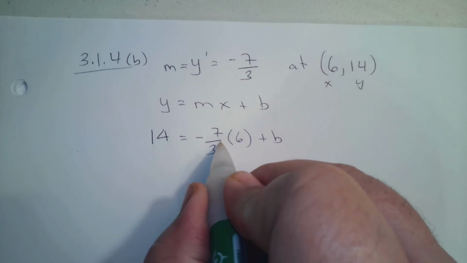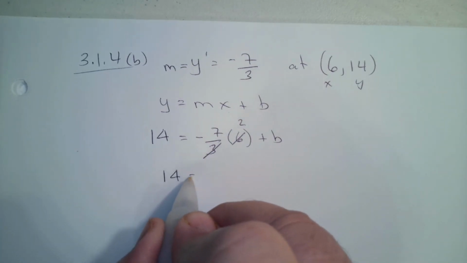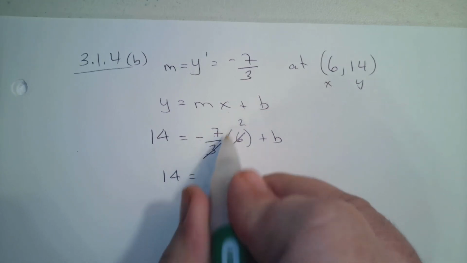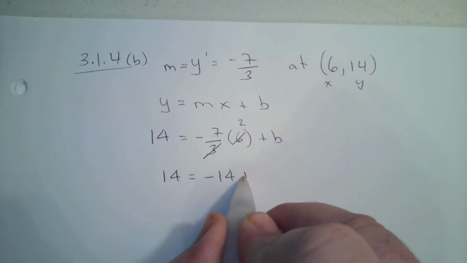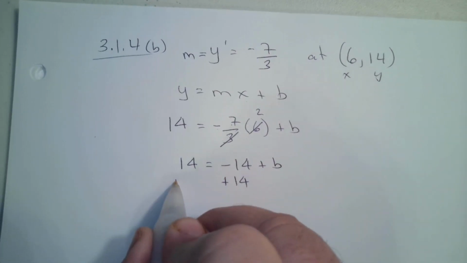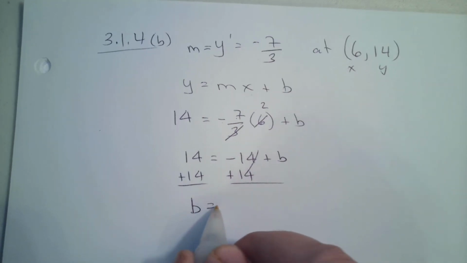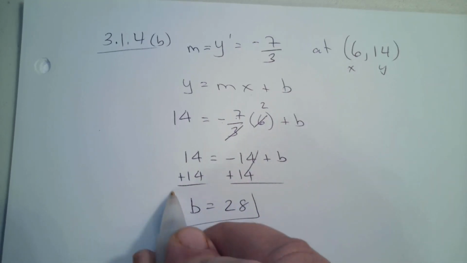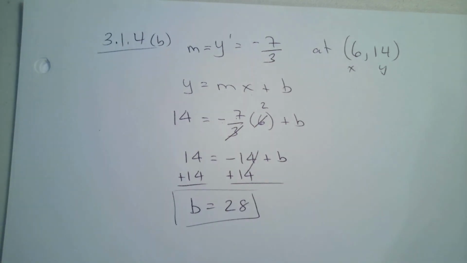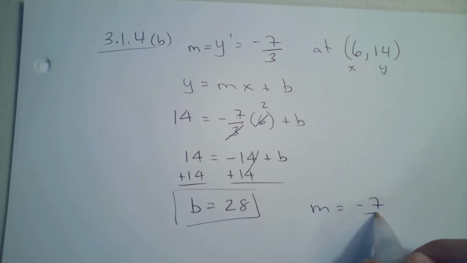Reduce if you can. 3 goes into 6 twice. So negative 7 times 2 is negative 14. Add 14 to both sides. So b is 28. And m is negative 7 over 3.